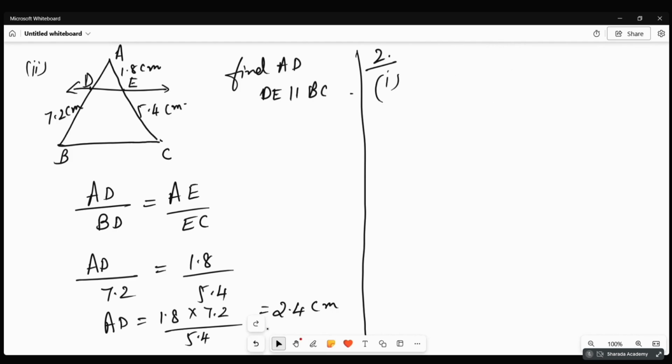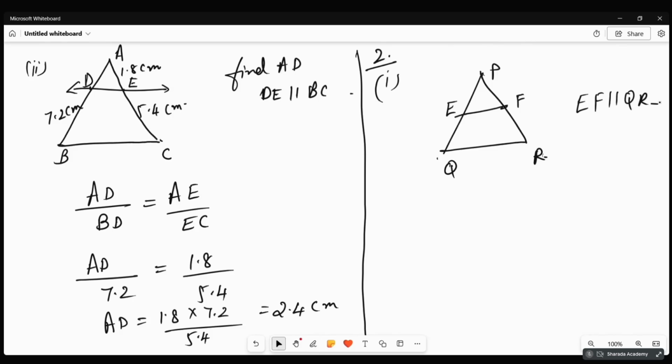Now, listen. E and F are the points on the sides PQ and PR respectively of a triangle PQR. So draw PQR. E and F are points on PQ and PR. So this is E and this is F. Now EF parallel to QR. Okay, this diagram they have not given, you have to draw. So this much they have given.